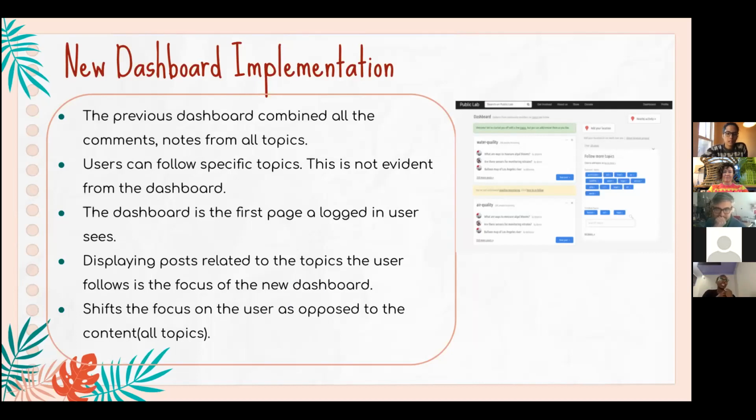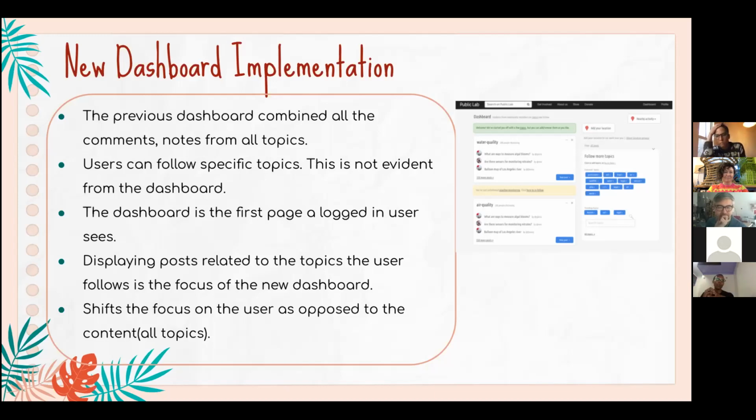And now the users can follow specific topics. For example, if you're interested in water quality or air quality, you can choose to follow either or none. This was not very evident from the old dashboard.